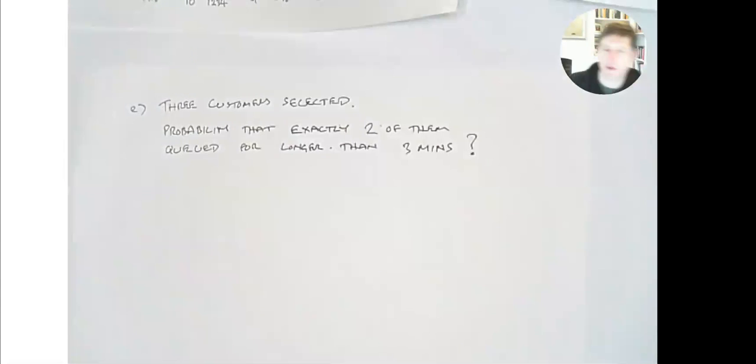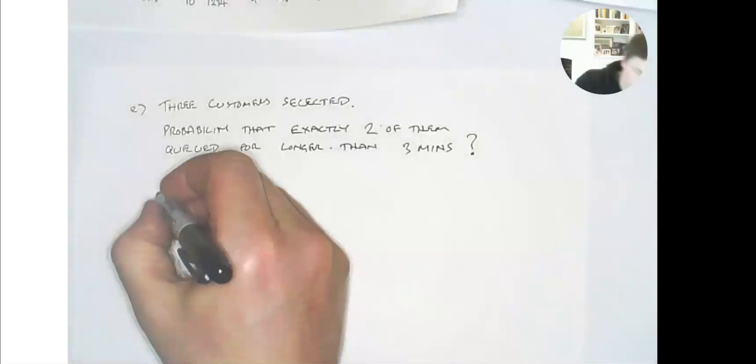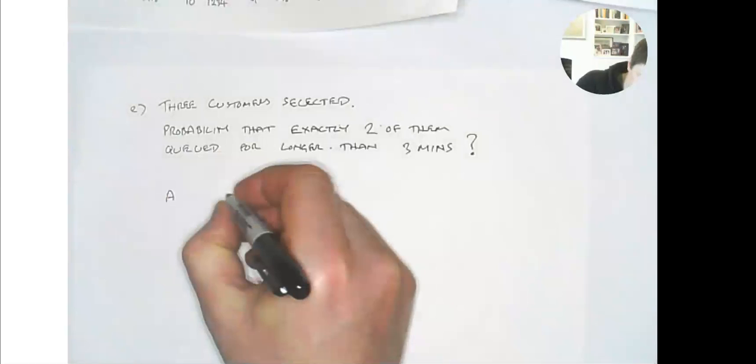Okay, that's our last question. 3 customers are selected at random. What's the probability that exactly 2 of them queued for longer than 3 minutes? Give some options.